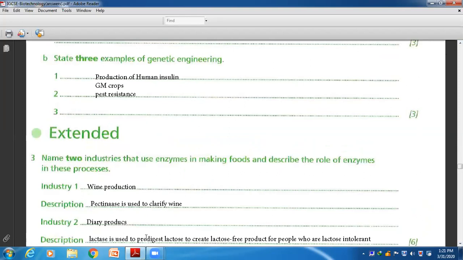So we immobilize the lactase enzyme on specific beads, and then pass the milk through those beads with the immobilized enzyme. For example, you have a special vessel or a syringe in which you put that bead.